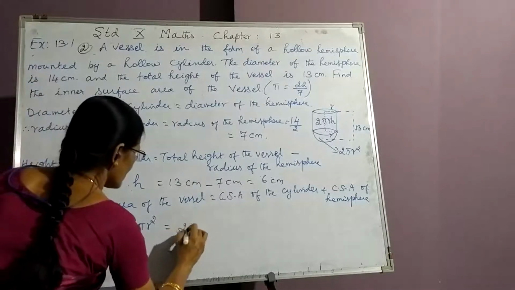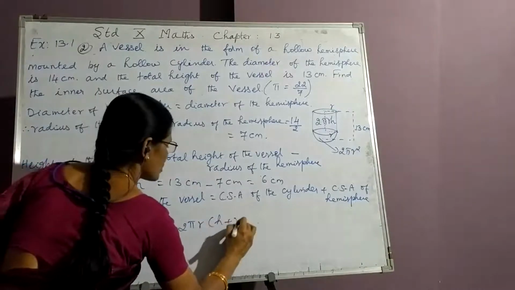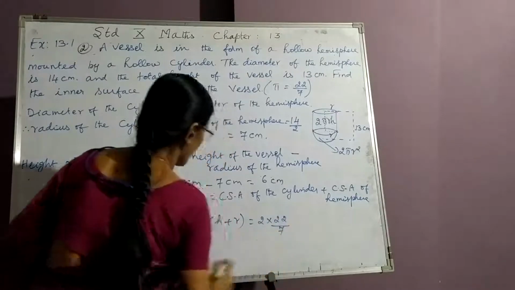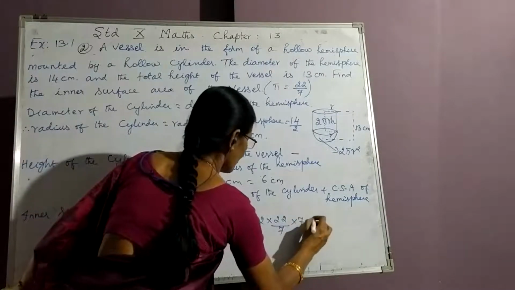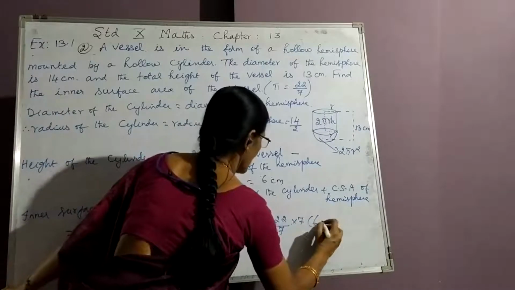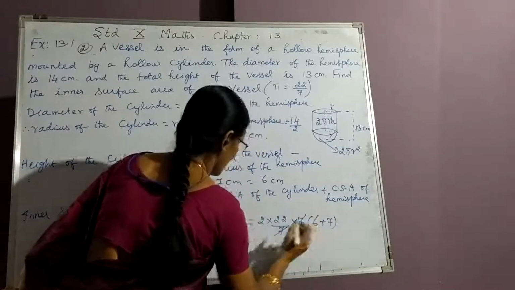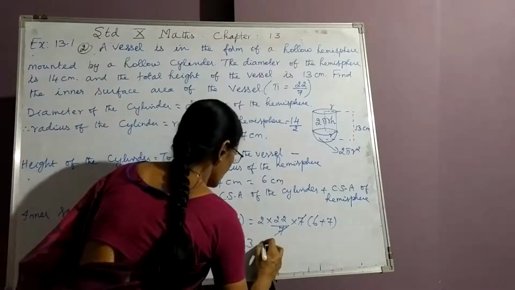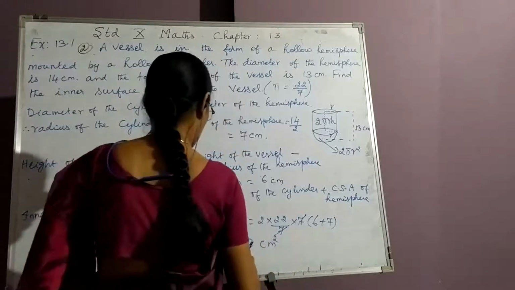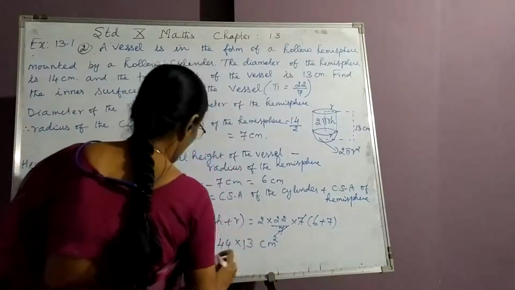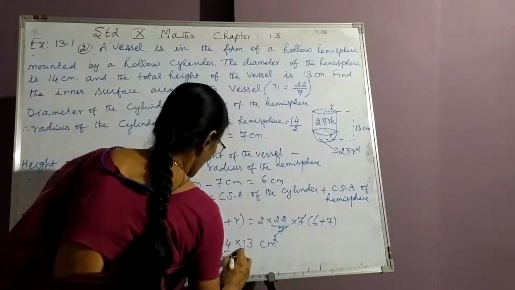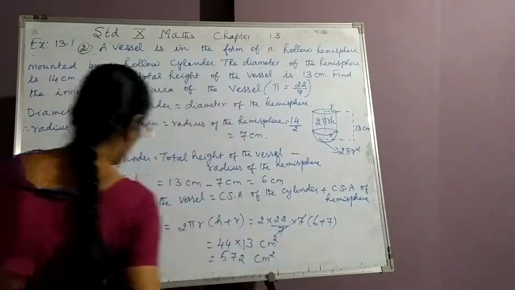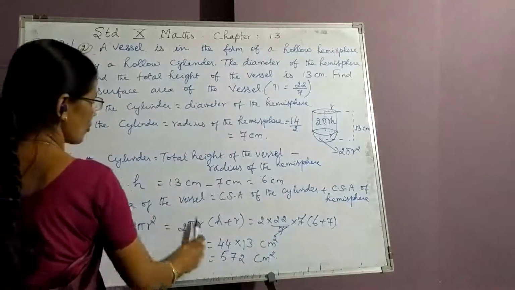So the common term is 2 pi R, which is H plus R. Substituting the values, 22 upon 7, R is equal to 7. Here H is 6 and R is 7. So it is 44 into 13 centimeter square, which is equal to 572 centimeter square. This is the inner surface area of the vessel.